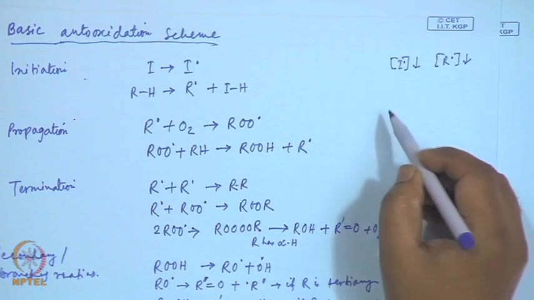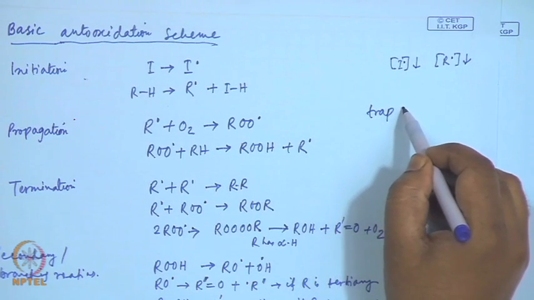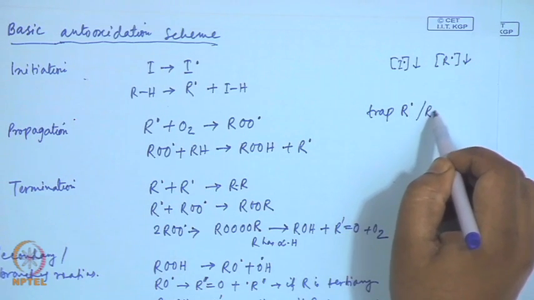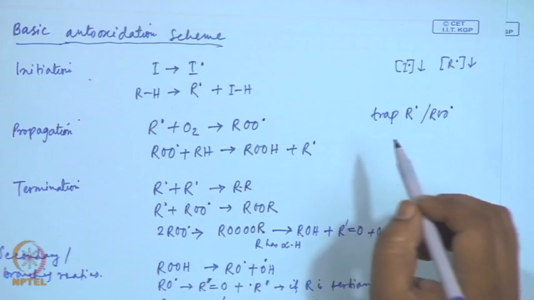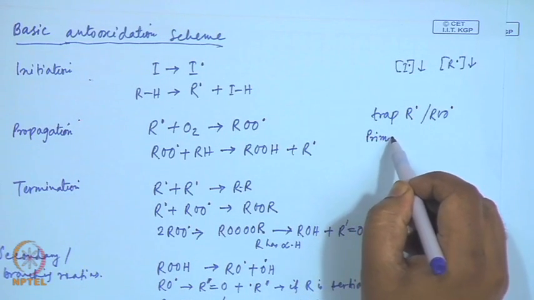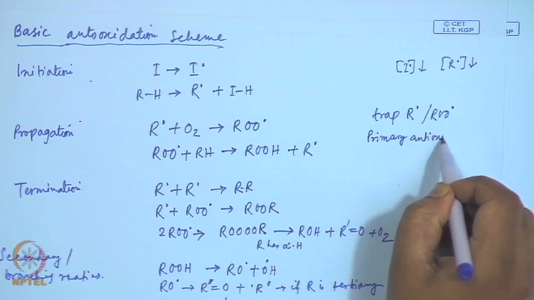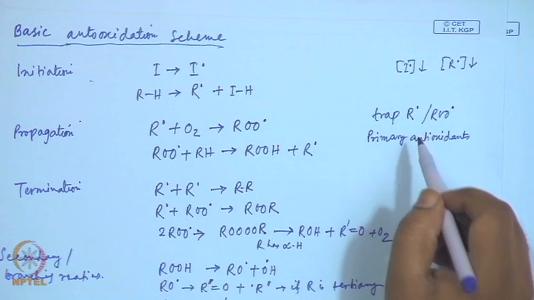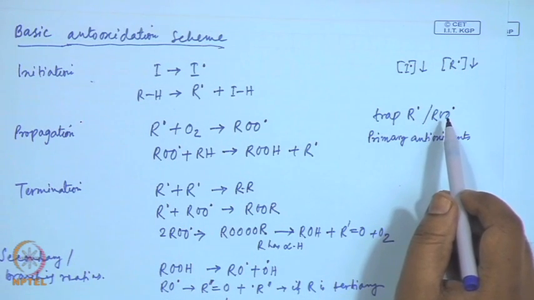So, what we can do is trap this R dot or peroxy radical, and that is done by primary antioxidants. So, primary antioxidants basically trap this R dot and peroxy radicals.